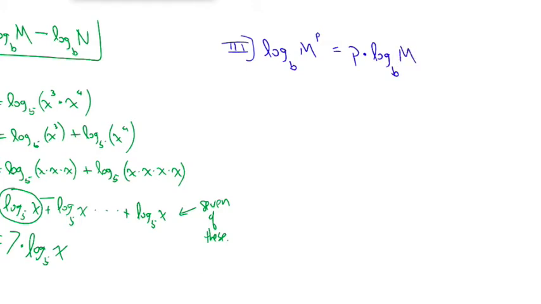Why is that cool? Because all you gotta do is put powers in front. Exponentials are hard to work with. Regular numbers are really easy. So we just took something hard to work with and made it very, very easy. That is the best law that you could be taught.